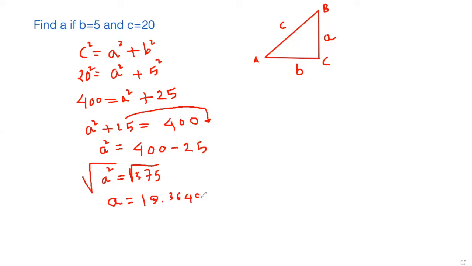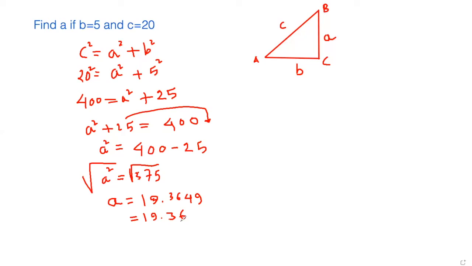Depending on the question, they may want you to round it. If there is nothing, normally you should round to the nearest hundredth place, meaning 2 places after the decimal. So I will round it to 2 places. 19.36 is the answer.